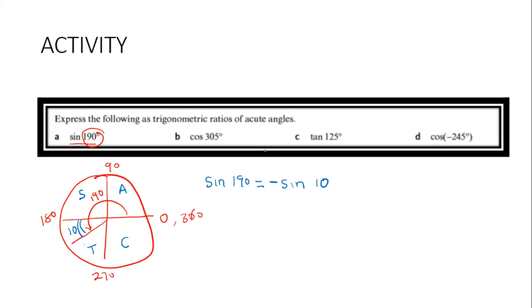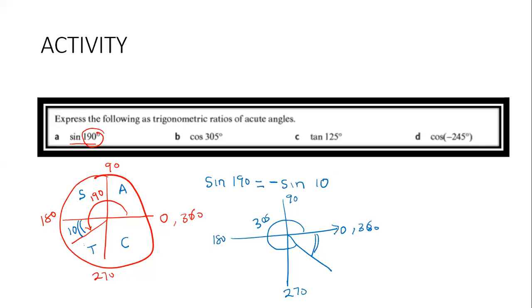I'm going to do part B. When you look at part B, they wanted us to get cos 305. The first thing you do, identify the quadrant. 0, 90, 180, 270. Which quadrant is this 305? It is in the fourth. So I come like this. Then I find out the whole of this angle is 305. Then which angle is remaining here?